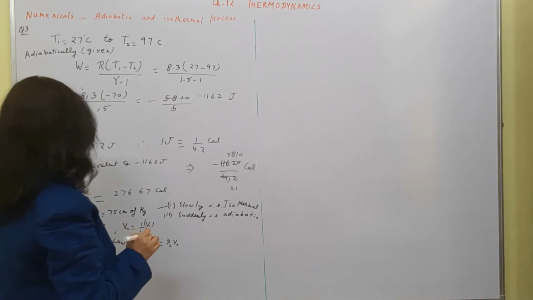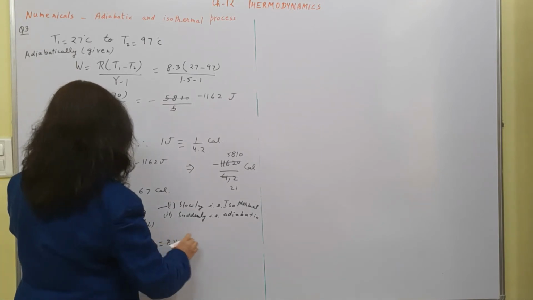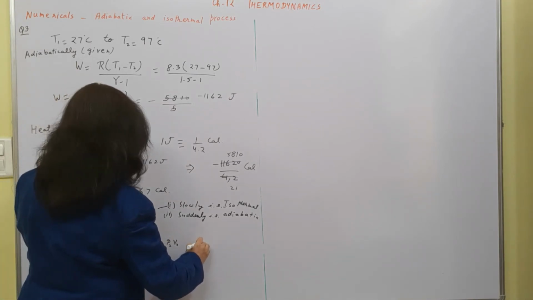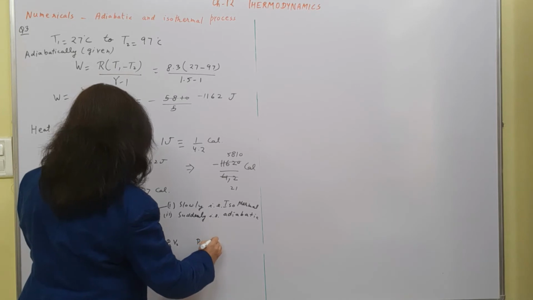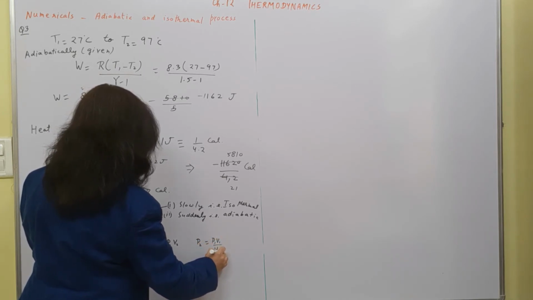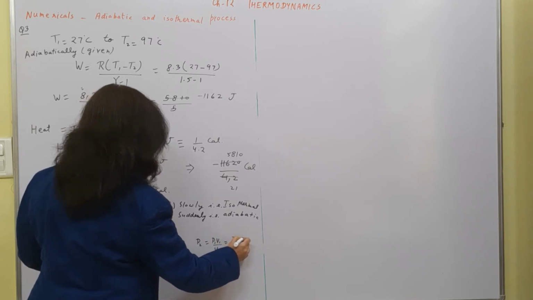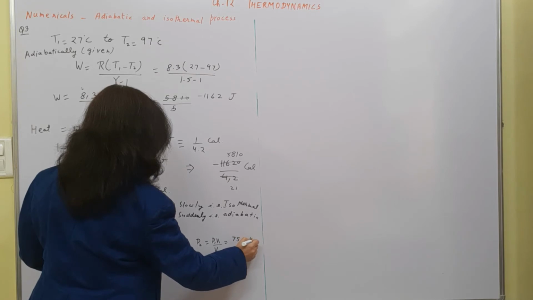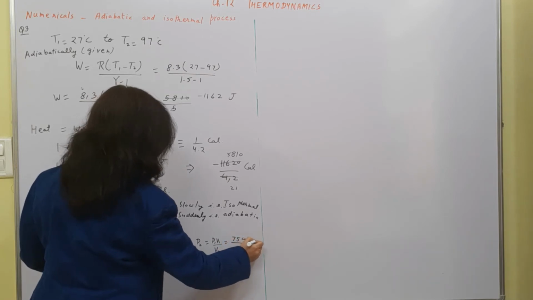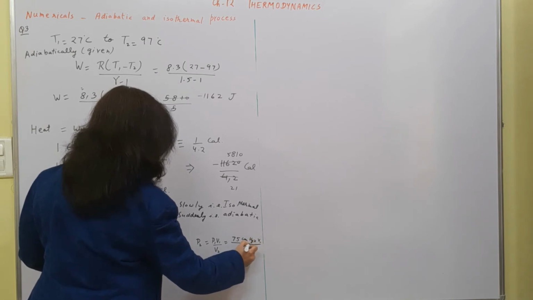So what will be the final pressure? P2 will be P1 V1 upon V2, and P1 is 75 centimeter mercury, into V1, and V2 is V1 upon 4.